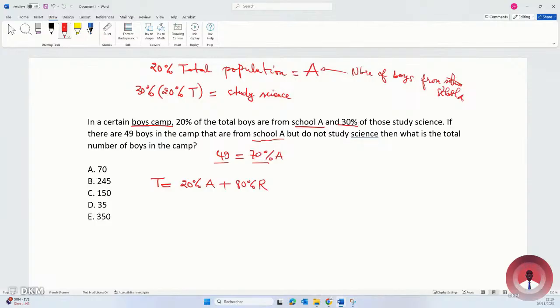Because here it says 20% of the total boys are from school A and 30% of those study science. So if this 49 represents 70% of A, we can find the 30%.